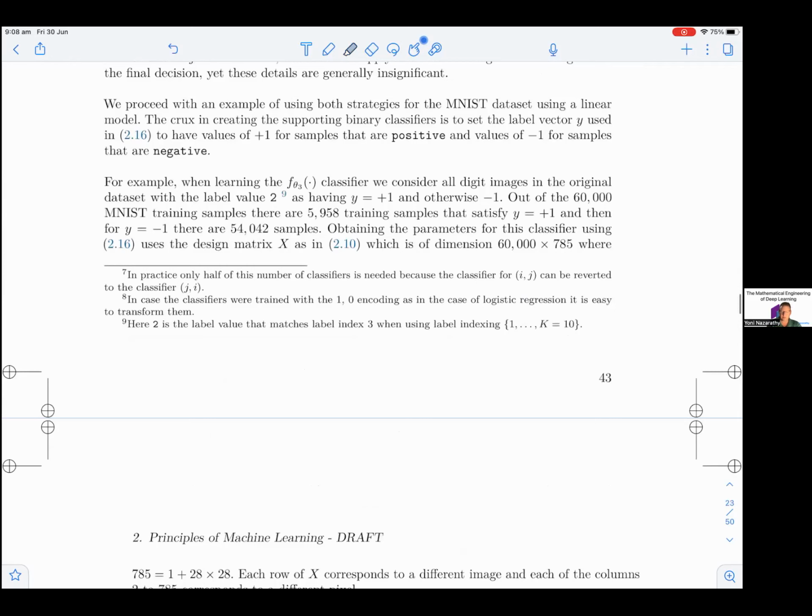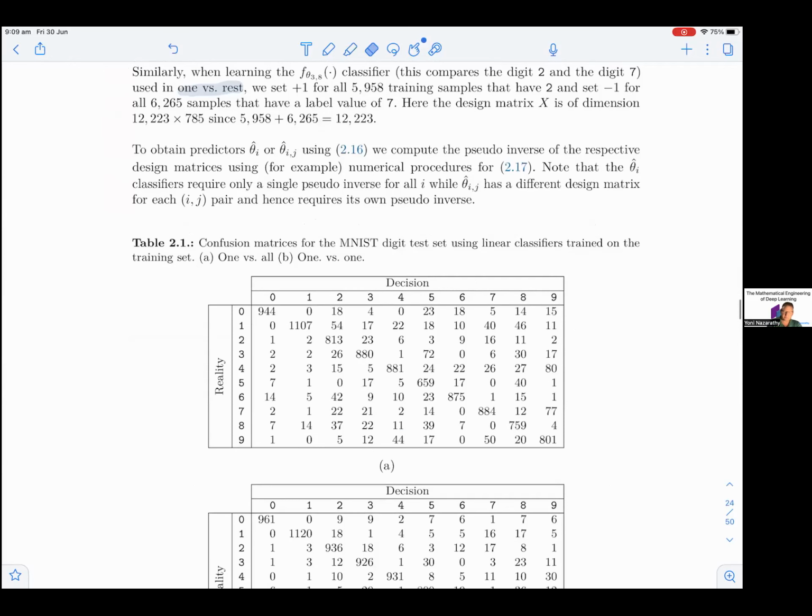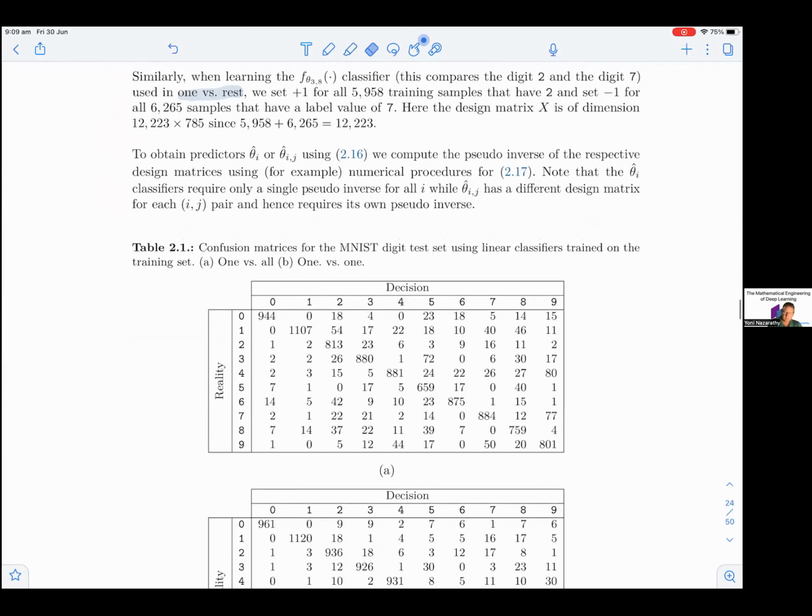Using 1 versus 1, we set +1 for all 5,958 training samples that have 2, and set -1 for all the samples that have a label 7, and there's exactly 6,265 of those.